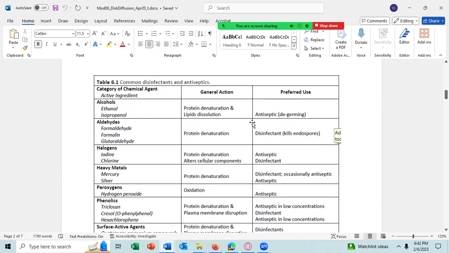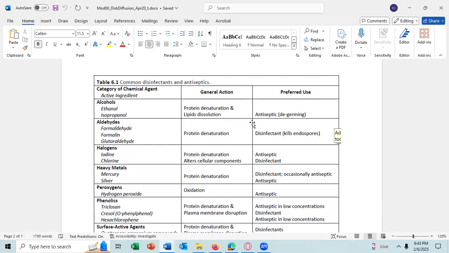Actually, we call them more a degerming agent because they really don't kill all of the cells when you put the alcohol on your skin and then swab the area before a needle injection. All it does is reduce the number of bacteria in the region to a safe number to go ahead and give the injection. It does not kill all of the bacteria in that region.